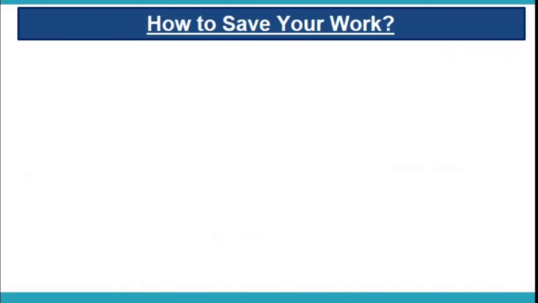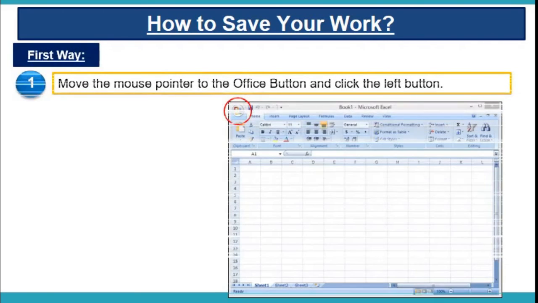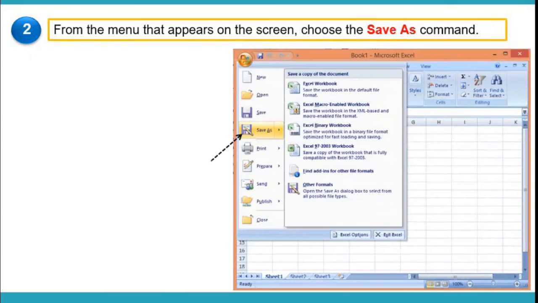How to save your work. There are two methods to save your work. Let us see the first method. Step 1. Move the mouse pointer to the Office button and click the left button. Step 2.